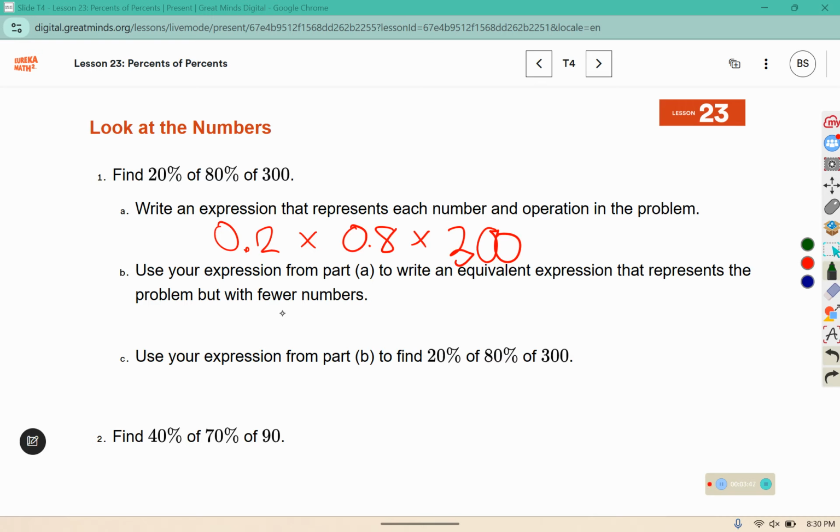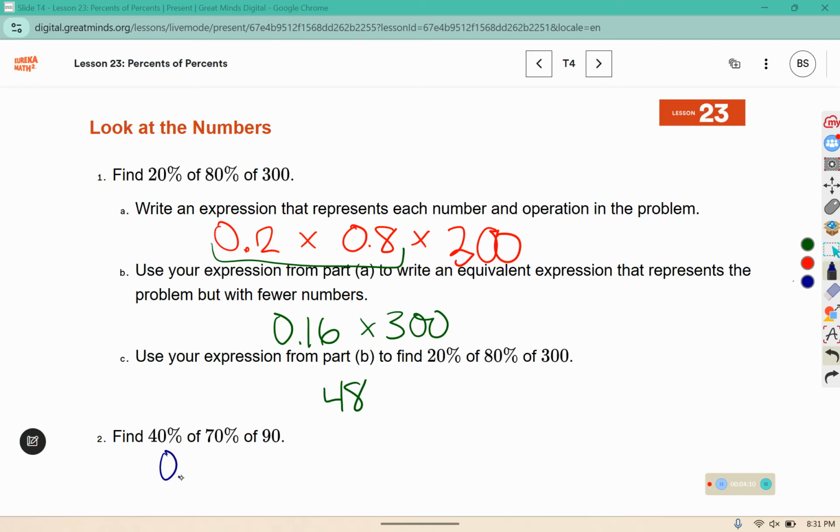And that is 0.16. But we still multiply by 300. Then use that expression from part B to find the answer to 20% of 80% of 300. And that is 48.